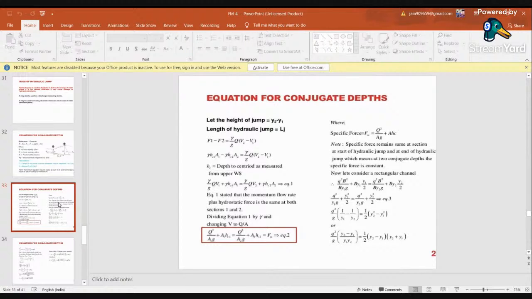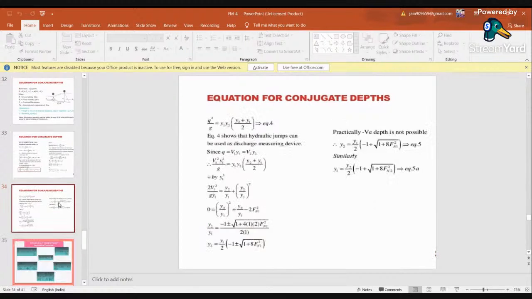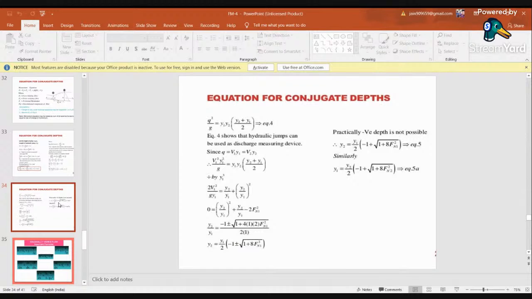Then we solve this and get a final equation in terms of y2 and y1: y2 is equal to y1 by 2 times (minus 1 plus square root of 1 plus 8 Fr1 square), or this may be modified as y1 is equal to y2 by 2 times (minus 1 plus square root of 1 plus 8 Fr2 square).